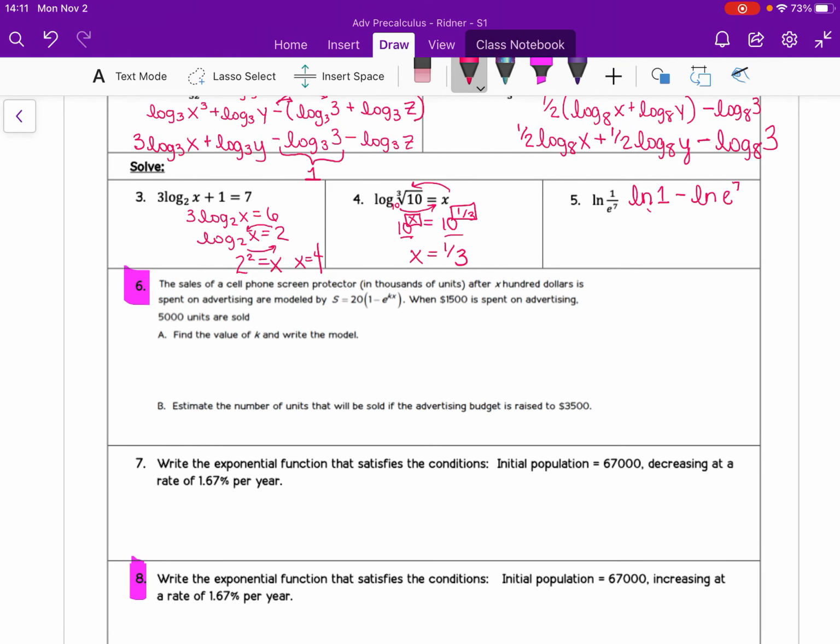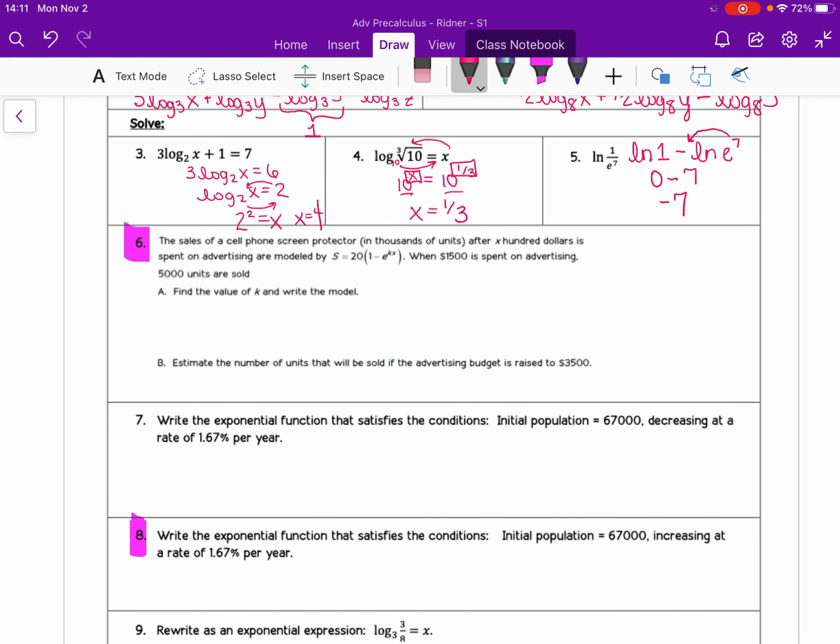So e to what power will give me 1? Well, any number to the 0 power will give me 1. I could think about putting the 7 down here, and ln of e is just 1. So that's 7. 0 minus 7 is -7.